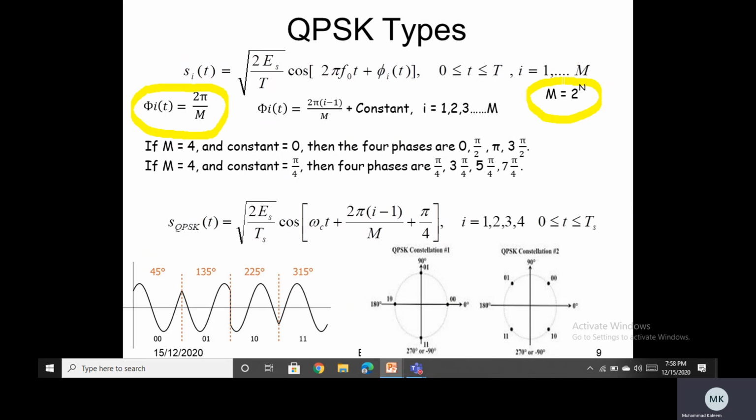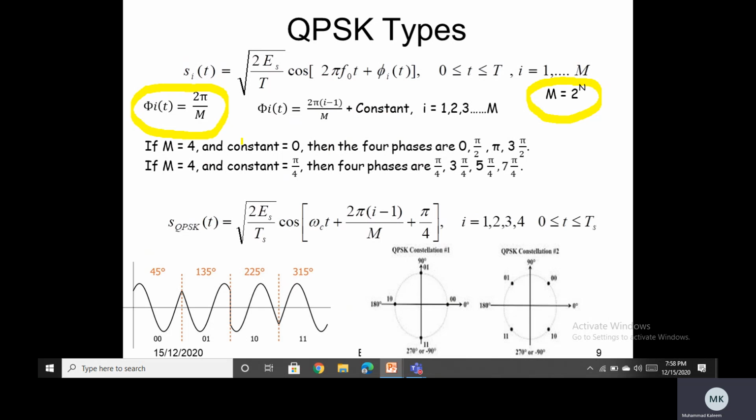But if you want to know the phase of each symbol with respect to the adjacent symbol, then you could use this equation: phi_i(t) is equal to 2 pi (i minus 1) divided by M plus constant.